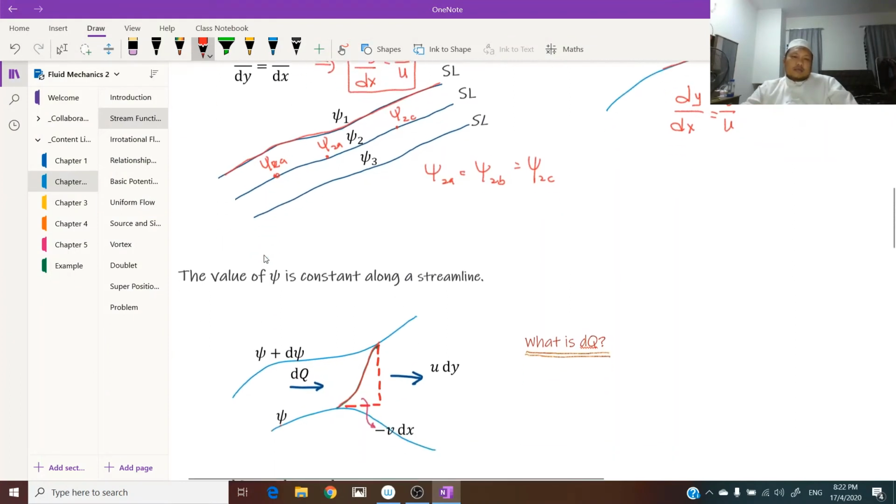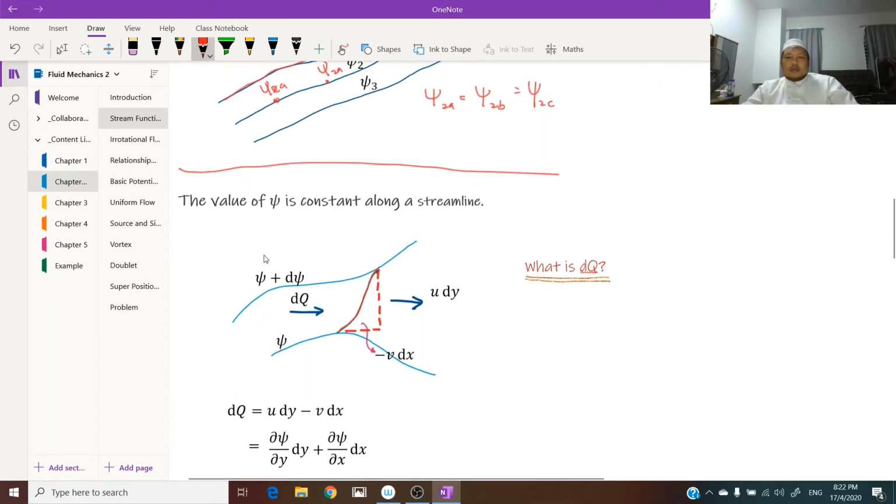All right, now next we go to the velocity. We go to the next, which is when we have the flow. I take the example of flow inside a pipe. So we have a lot of streamlines here. The flow can flow when we have the flow rate.